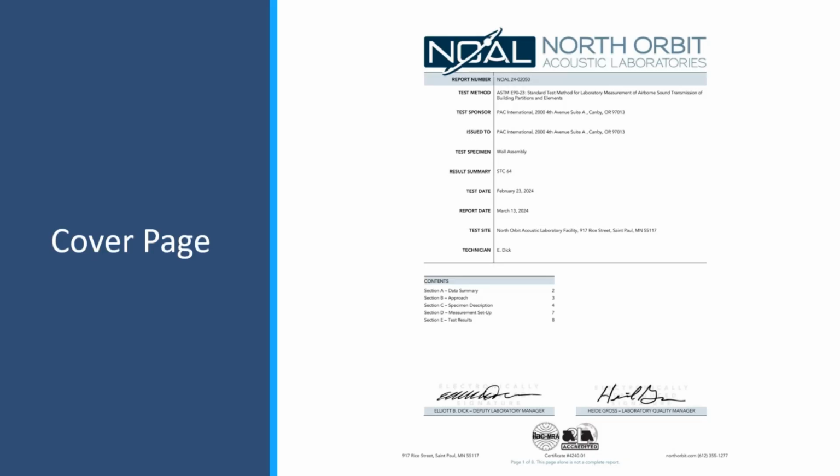If you look at North Orbit's test reports over the years, their level of detail continues to increase. And if you go to PAC's assembly selector, which maybe Mike or Steve could throw a link to in the chat, where you can look at our acoustical test results, you'll see that some of our older reports have a lot less detail than the newer reports.